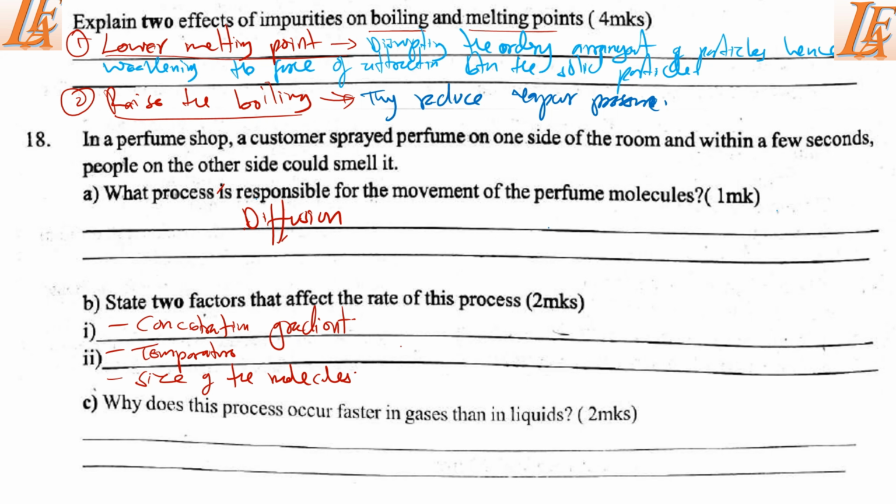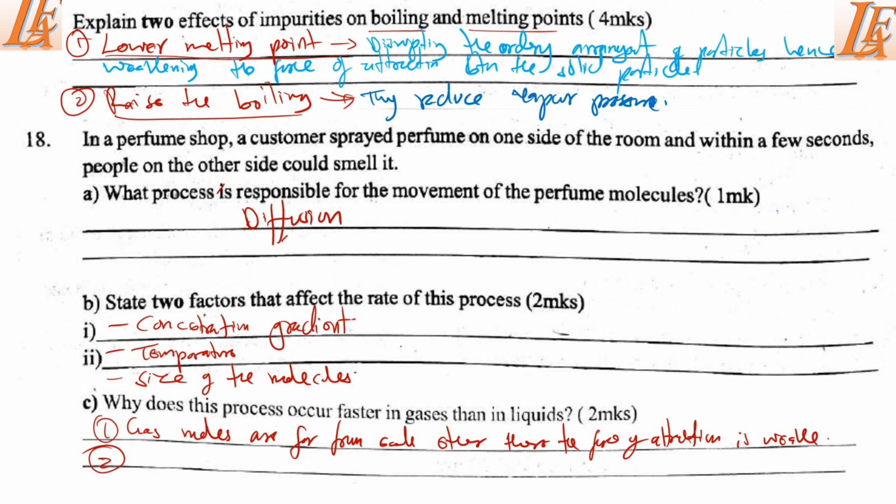So the reason why diffusion takes place faster in gases is because gas molecules are far from each other. Therefore, the force of attraction is weak, hence they move fast.